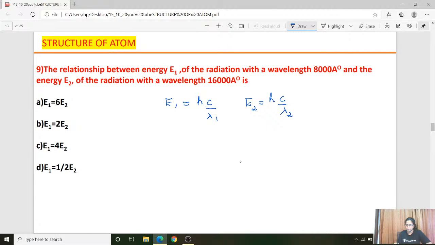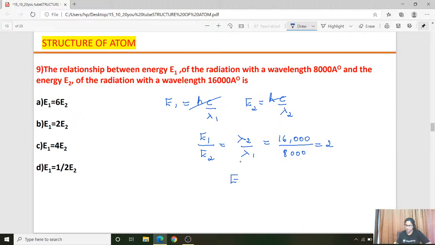You can see this gets cancelled. So I can write E1 by E2 is equal to lambda 2 by lambda 1. You know the lambda 2 value, how much it is given? 16,000, and lambda 1 is given as 8,000. Correct, students? So you are going to get 2.